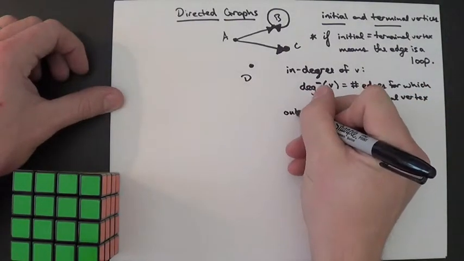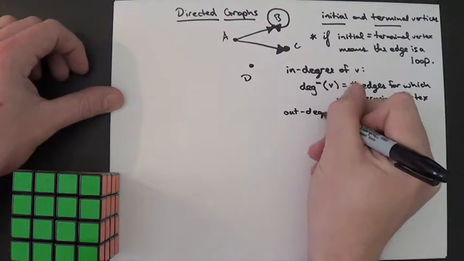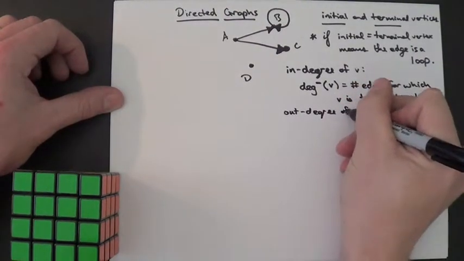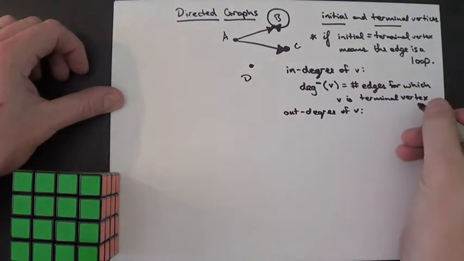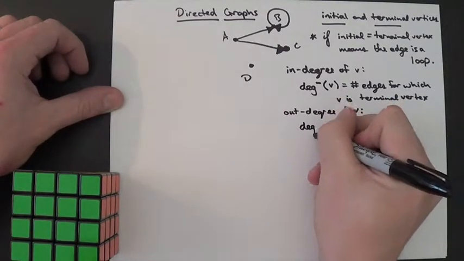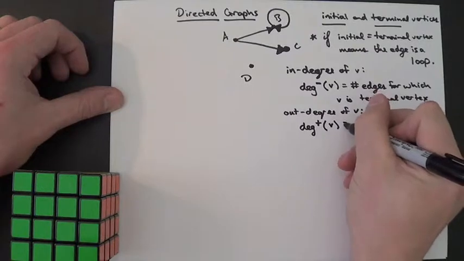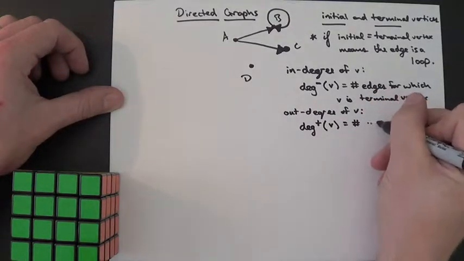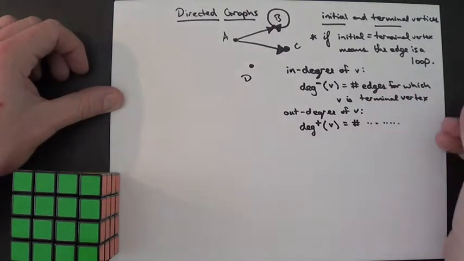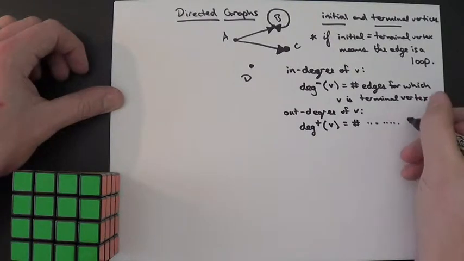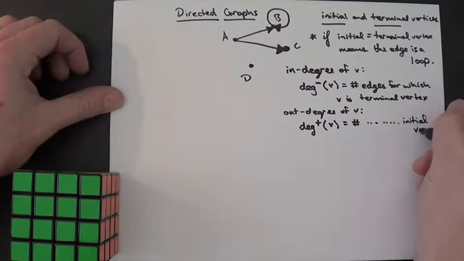And of course the out degree will be similar, denoted as you would expect with the superscript plus. That's going to be the number of edges for which V is an initial vertex.